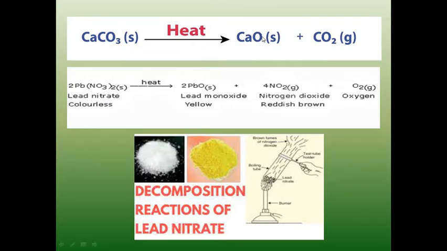The product formed here is calcium oxide, that is quicklime, and it has many uses, one of which is the manufacture of cement. So this reaction is important from commercial point of view. Again, this reaction takes place in the presence of heat, so it is an example of thermal decomposition reaction.